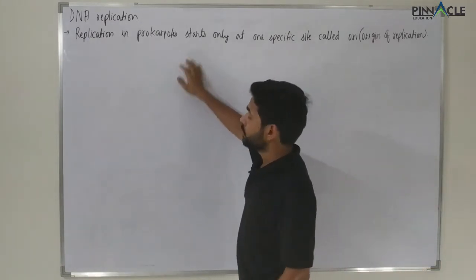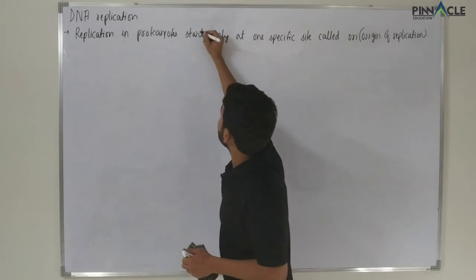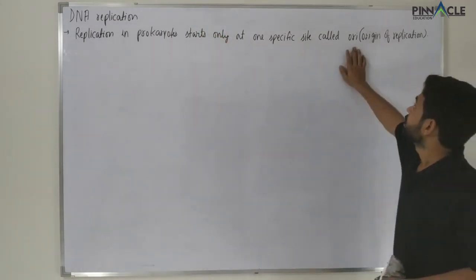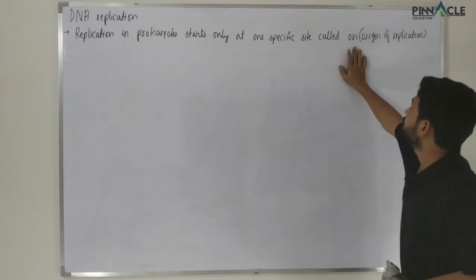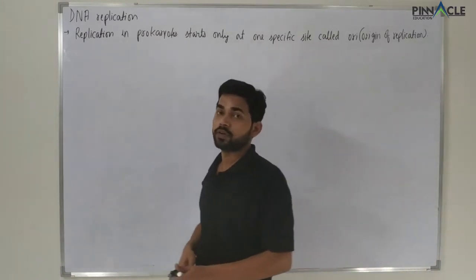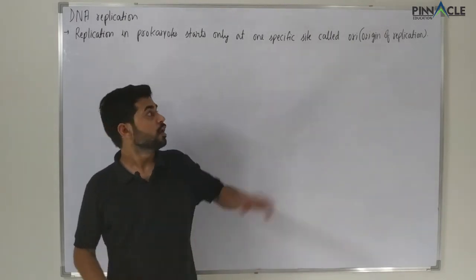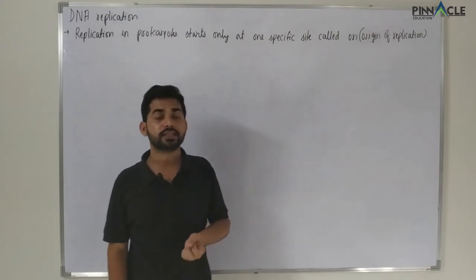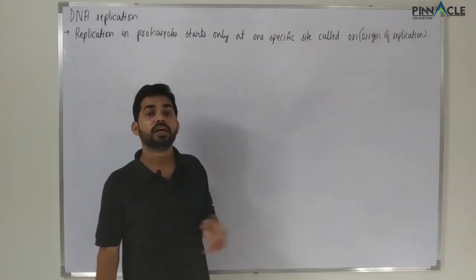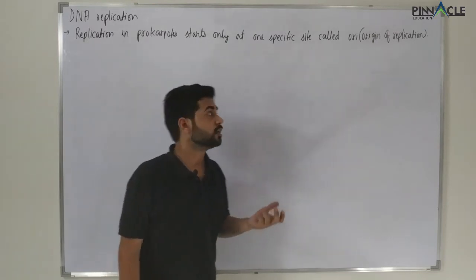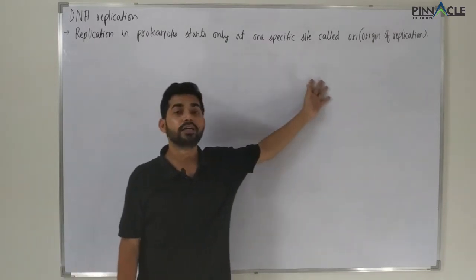In prokaryotes there is only one site from where replication can start, and that site is called ori, and there is only one ori present in the DNA of prokaryotes. But in eukaryotes there are multiple sites from where replication can start, and therefore eukaryotic DNA replication is also called multi-repliconic because it has multiple sites of origin.